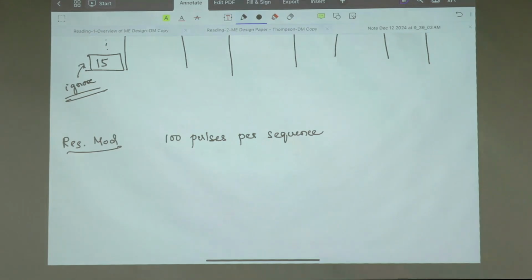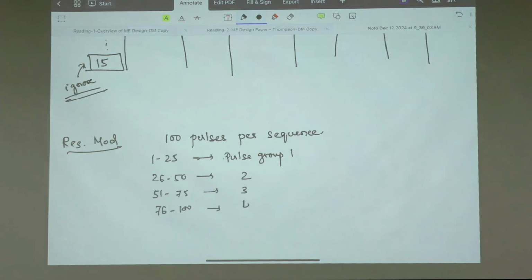Because this is research equipment, what it does is 1 to 25 it merges into pulse group 1, 26 to 50 is 2, 51 to 75 is 3, 76 to 100 is 4.